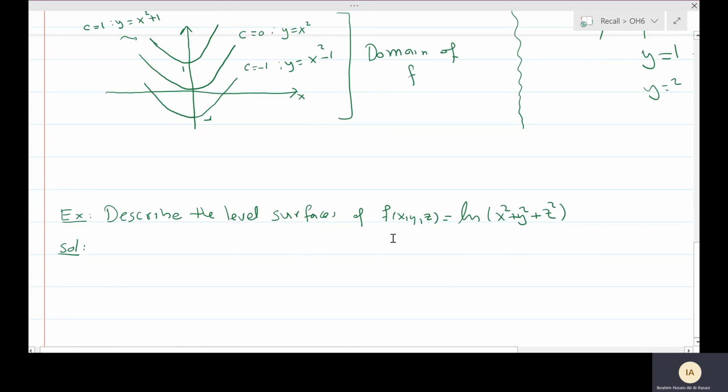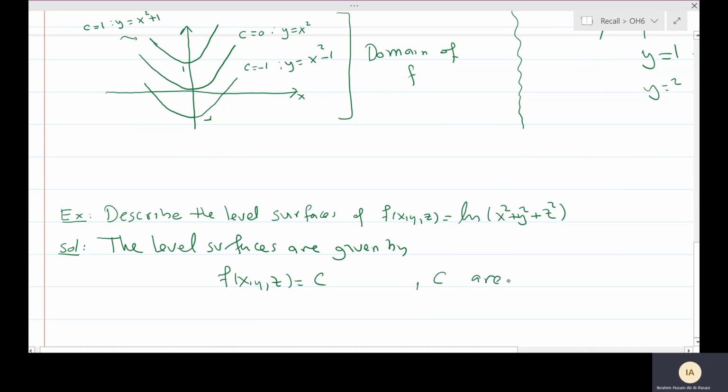One example here. Describe the level surfaces of f of x, y, z equals ln of x squared plus y squared plus z squared. Well, the answer is the same, really. The level surfaces are given by the equation f of x, y, z equals C, C an arbitrary real number.